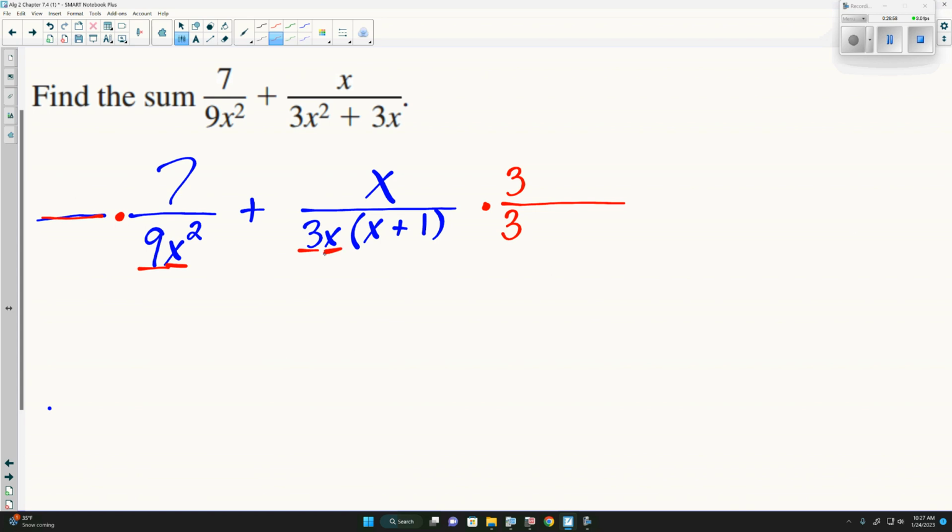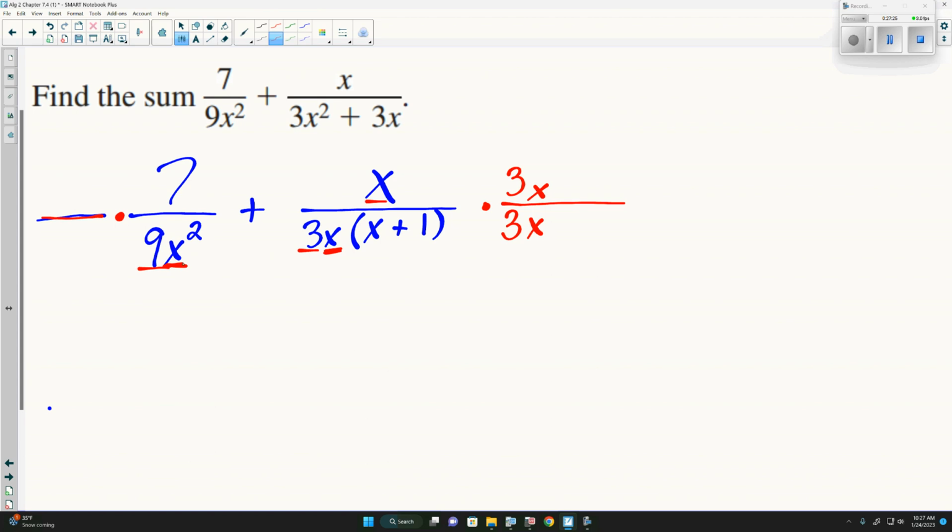The one on the left has x squared, the one on the right has x, yes? So we need them to both be what? X squared, yes? So we have to multiply the one on the right by x, yes? I have a feeling at least one of y'all noticed the x over x on the one on the right. Now, there's nothing wrong with reducing that x over x.